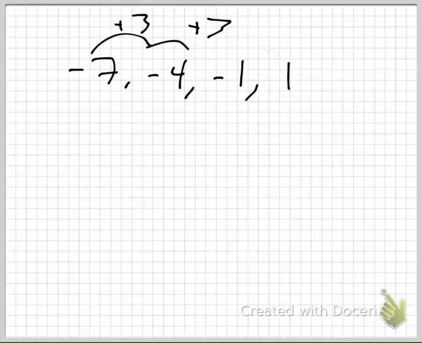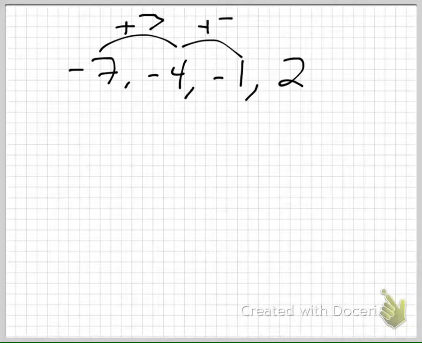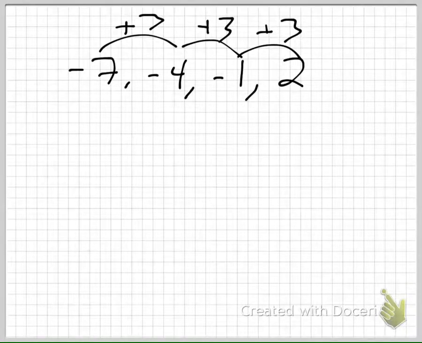If this would have been a 2, then we would have plus 3, plus 3, plus 3. You would say this is arithmetic, right? And the common difference is 3. Does that make sense?